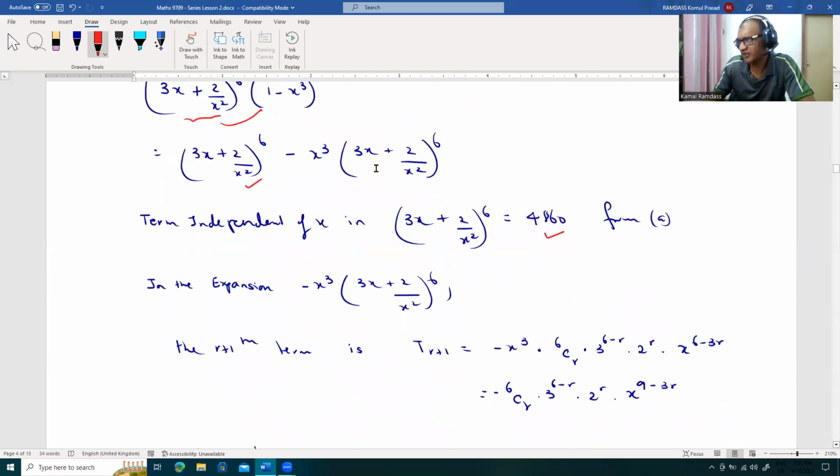The r plus 1 term is equal to minus x cubed times 6CR times 3 to the power of 6 minus r times 2 to the power of r times x to the power of 6 minus 3r.